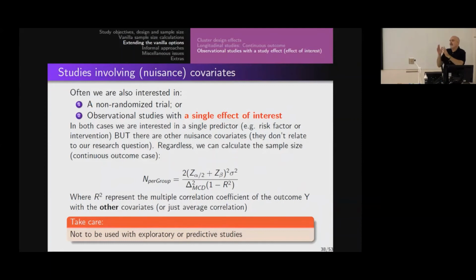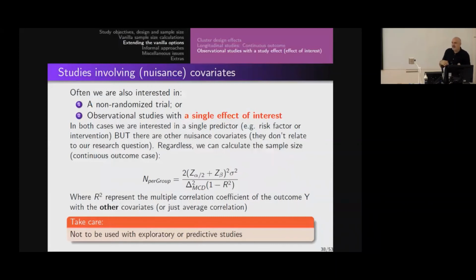So for example, if BMI was my effect of interest, but I also want to account for gender, age, and smoking status, then it would be the correlation of, what was my Y again? Let's just say blood sugar control. It'd be the correlation of blood sugar control with gender, with age, with smoking status, not with BMI, okay?